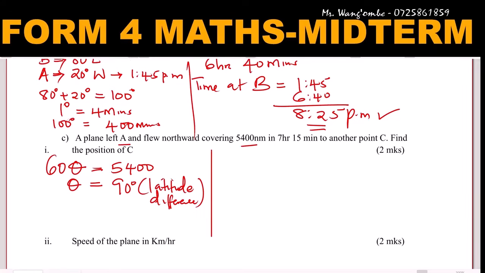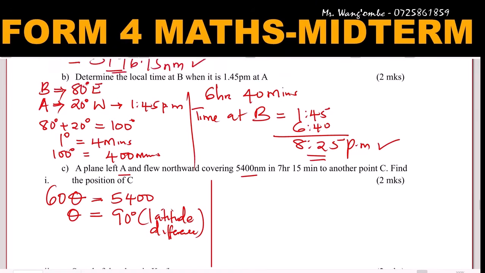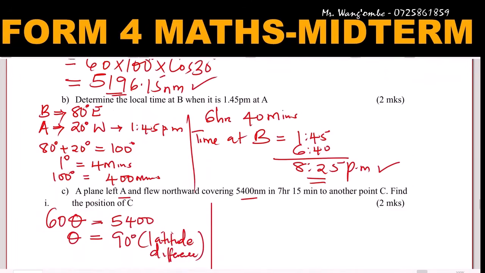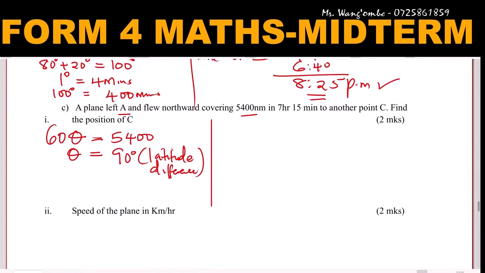So that will help us now to get the latitude of C. And the latitude of C, since it is moving northwards, we are going to look at the position of A. A is 30 degrees south. So the latitude of A is 30 degrees south, and you have the latitude difference.